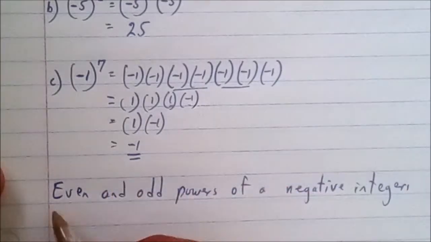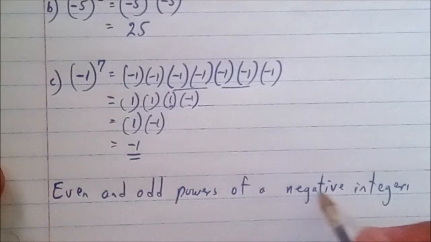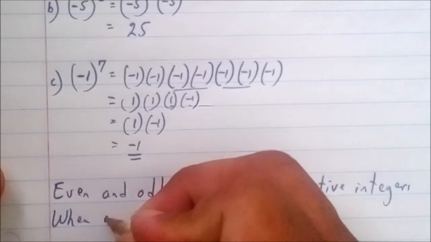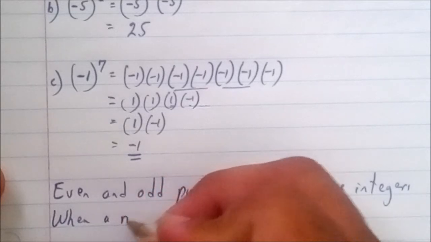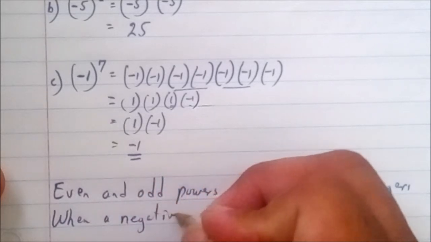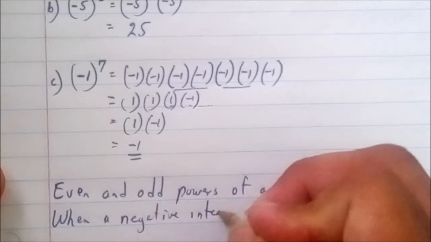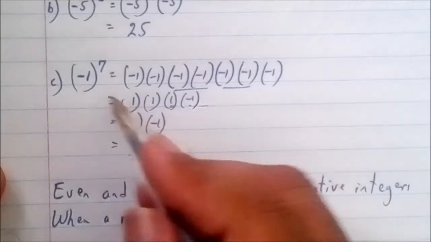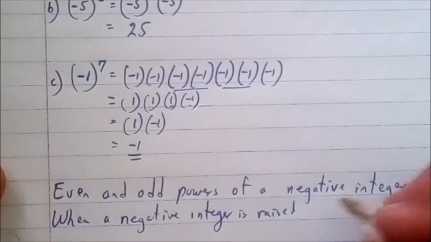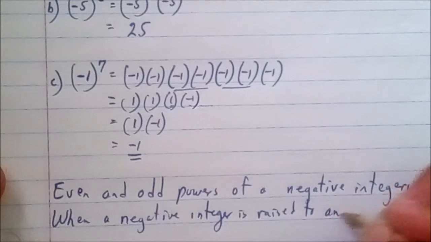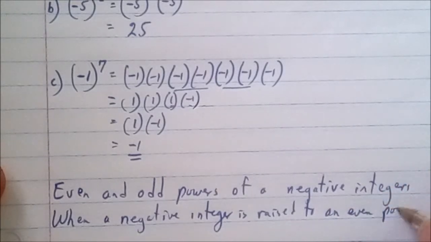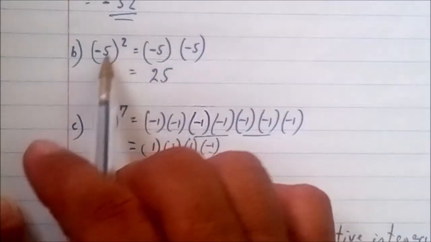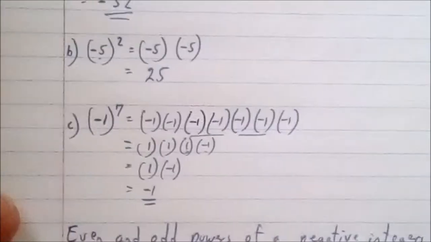So we're going to write now, when even and odd powers of a negative integer, when a negative integer is raised, for example this one here, negative integer is raised to an even power, as in example B, that's an even power.